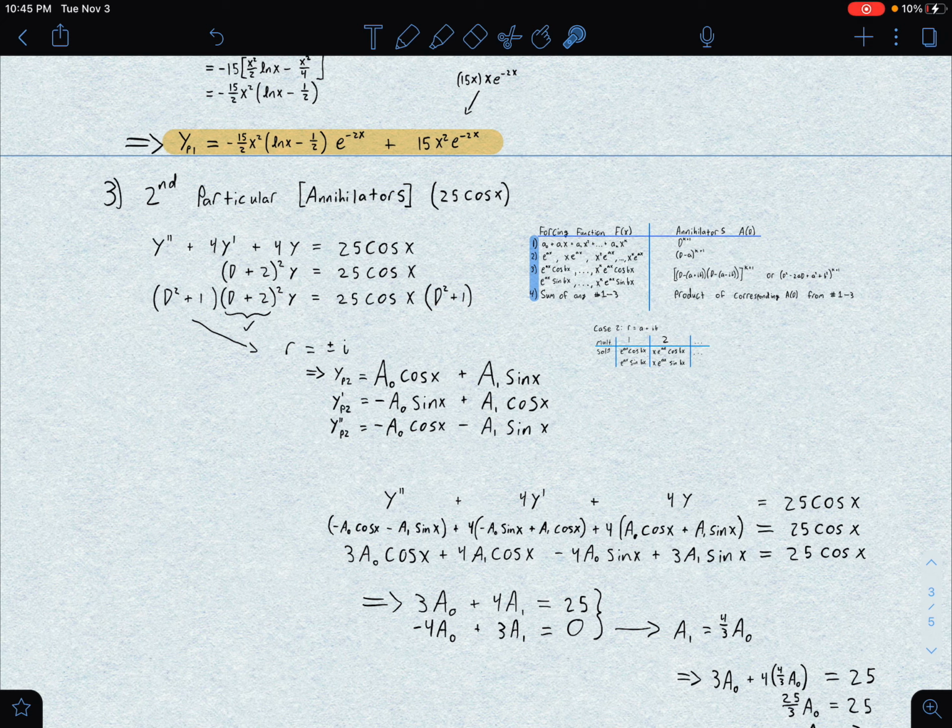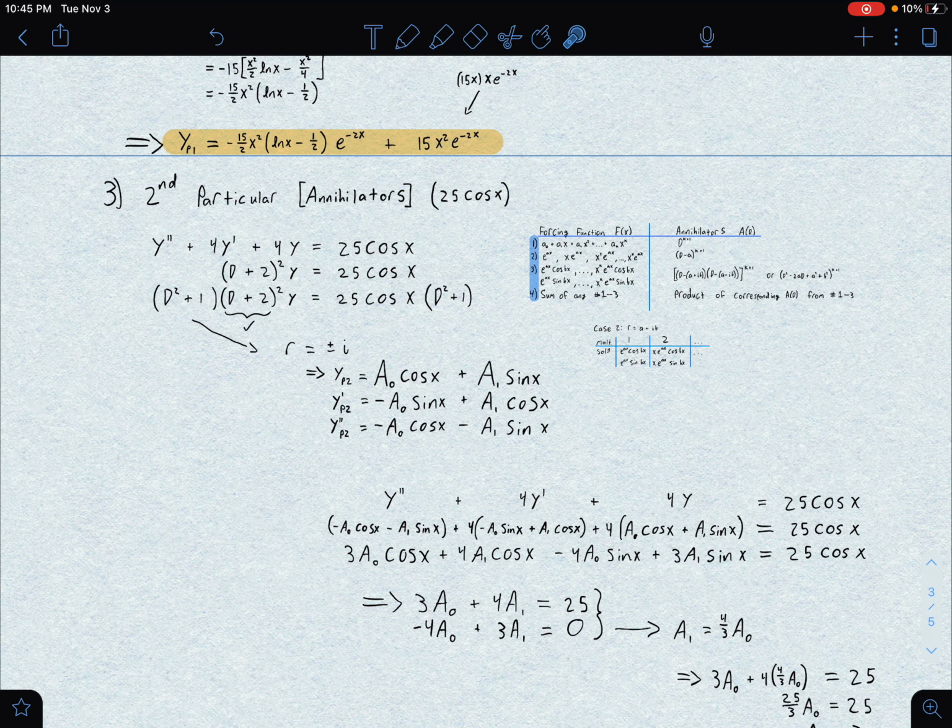But we want an annihilator that will make this cosine x go to 0. And looking at this awesome chart, if you plug everything in, we get D squared plus 1 operated on cosine x will make that go to 0. But we've got to put it on this side too.